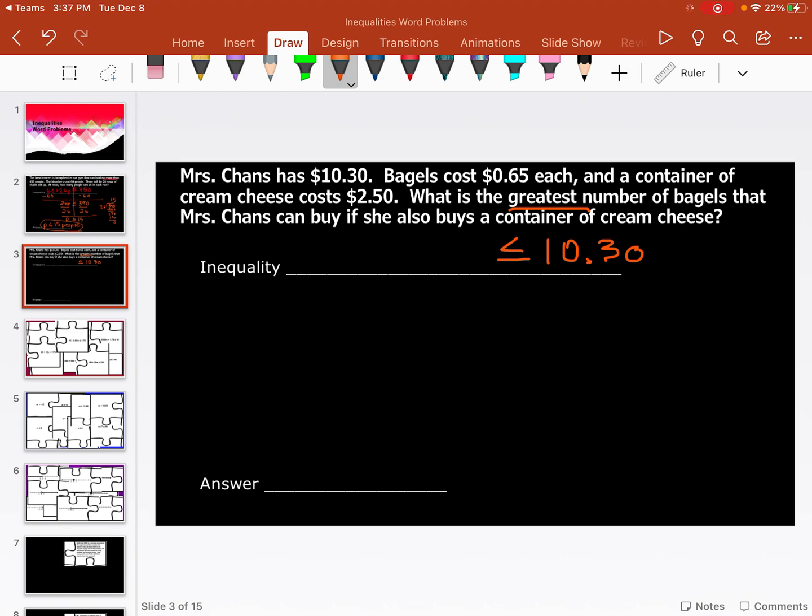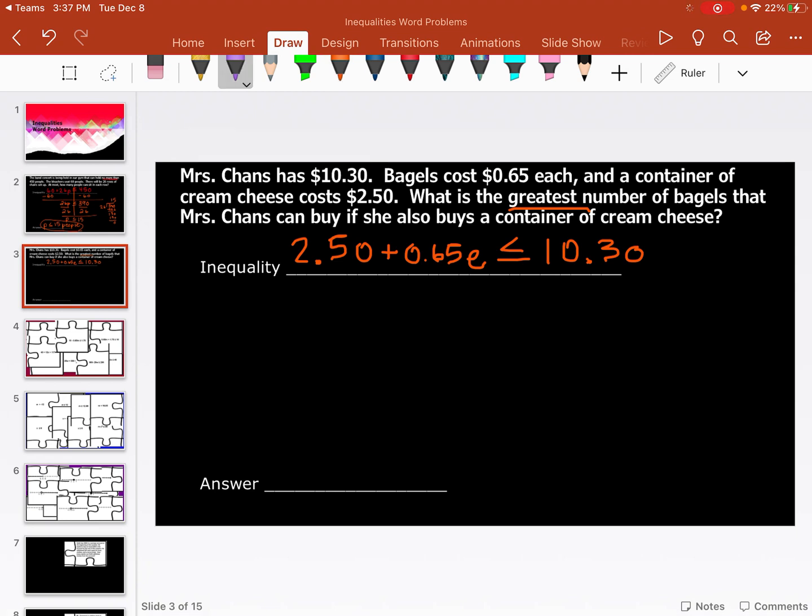So we know that she wants to buy a container of cream cheese, which is $2.50, plus bagels for 65 cents each. So that would be 0.65, and then I'm going to use, instead of a B, because it might look like a 6, I'm going to use an E. Okay, so that's going to represent our bagels.